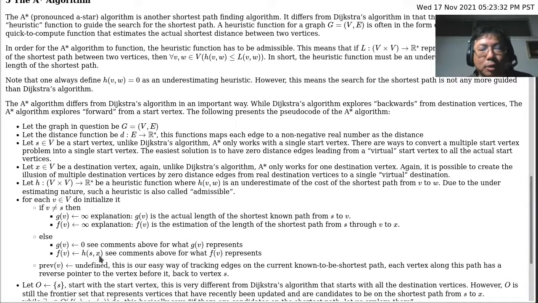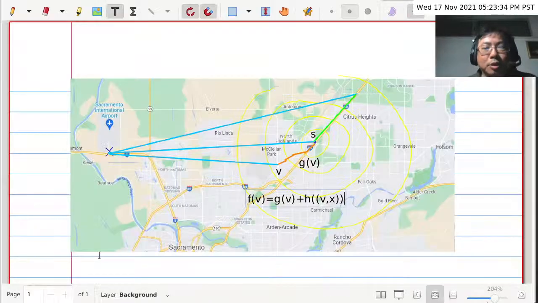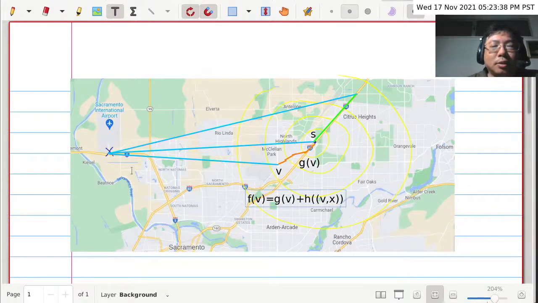Okay, so let's switch back to the graph, to the picture. And does that make sense to you that my initial estimate between S and X is going to be just h of S, X? Exactly.